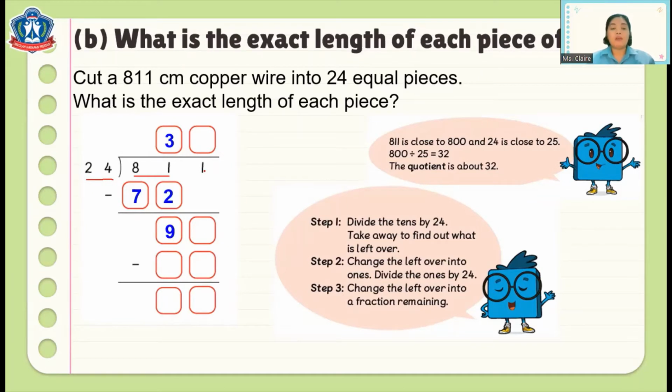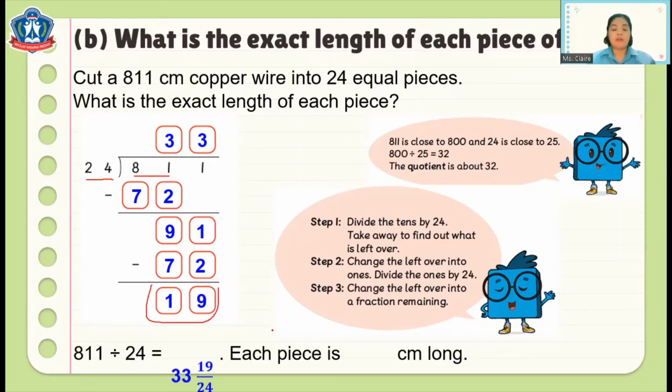We will bring down the 1. So we have 91. So this is 9 tens and 1. So we have 91 divided by 24. We get 3 again. And 3 times 24 is 72. And our remainder is 19. 19 cannot be divided anymore by 24. This is our leftover, and this leftover becomes our numerator.